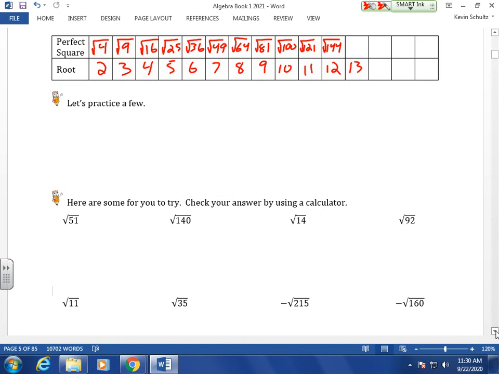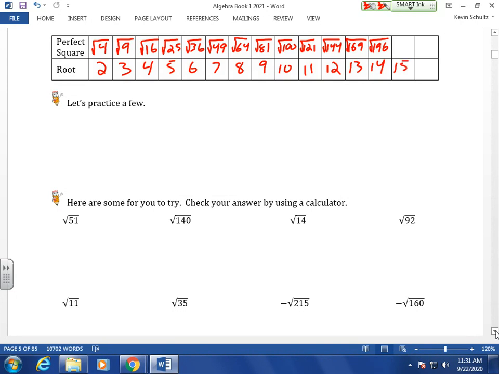It's a highway that many of you possibly take to get here in the morning. 169. 14 squared. 196. I appreciate the boldness, though.